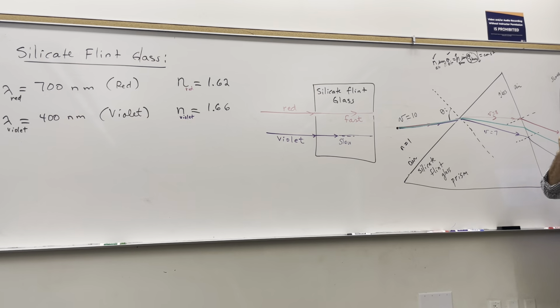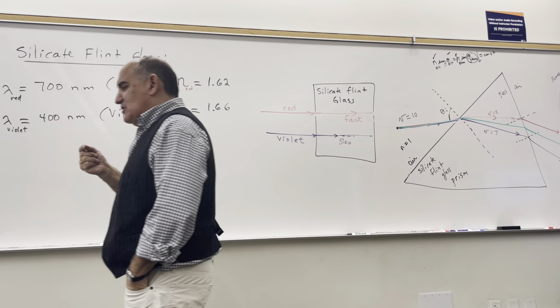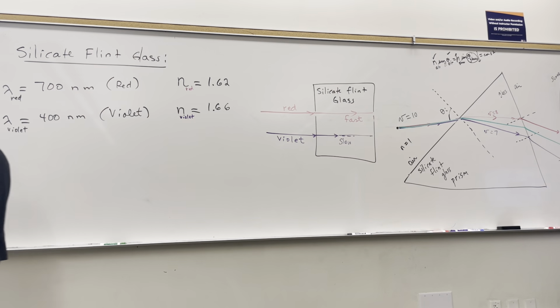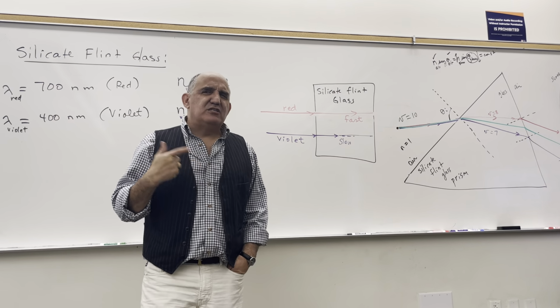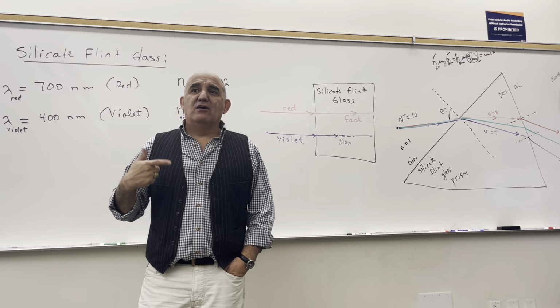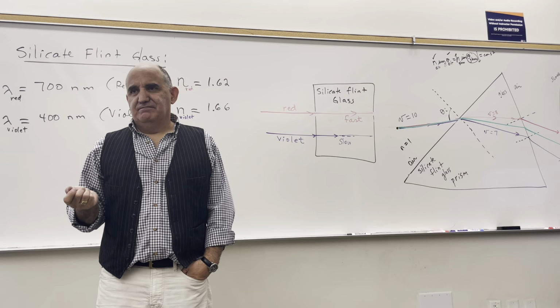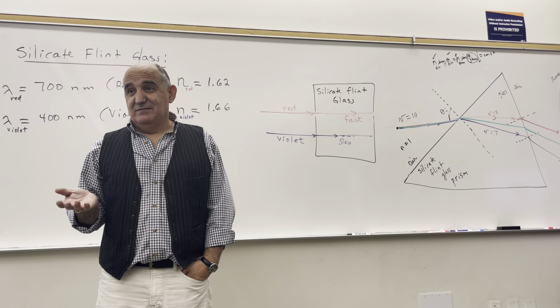But then one has to be careful, because what if I ask you this question in this same problem: which of these two light rays will have the smaller angle of refraction? Violet. The violet one, right?